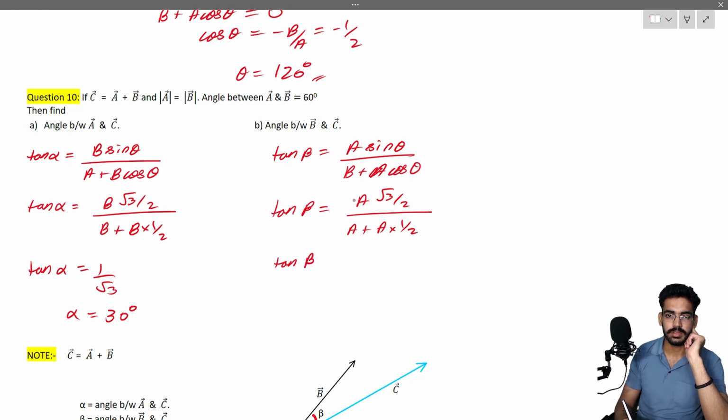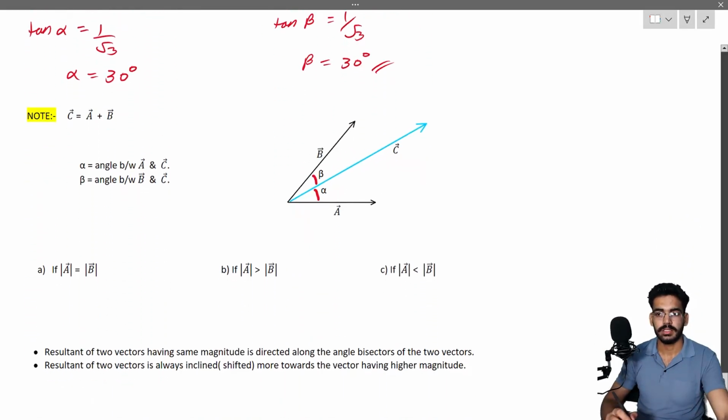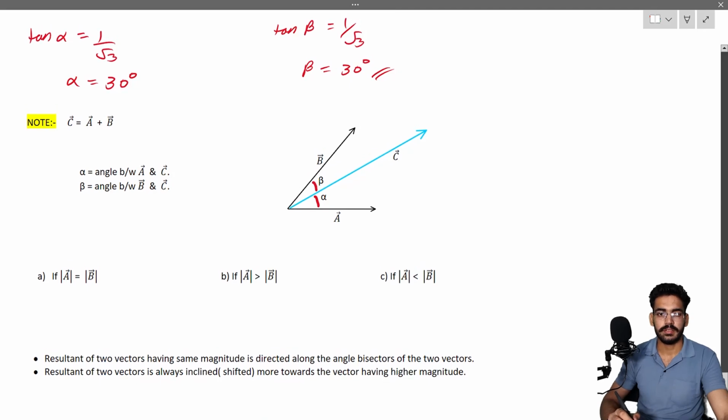So here also tan beta is 1 by root 3. Okay, so beta equals 30 degrees. I hope you understood this question. Okay, easy only. Next we have a note.